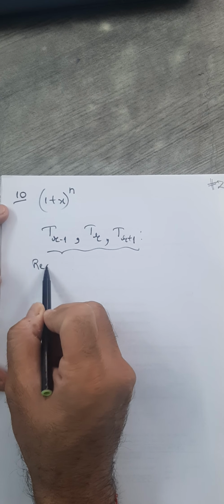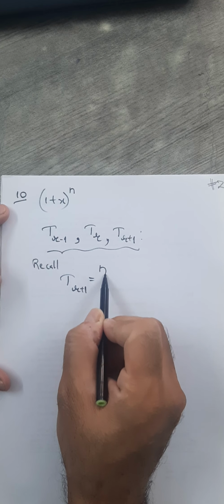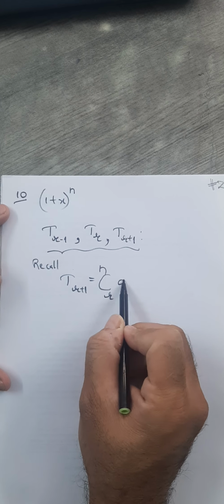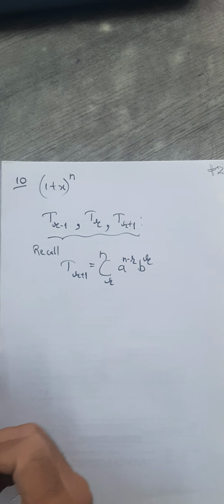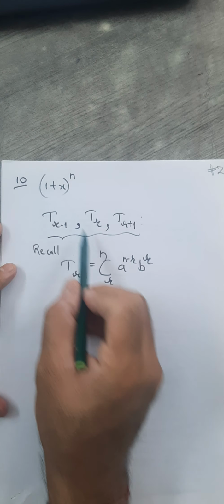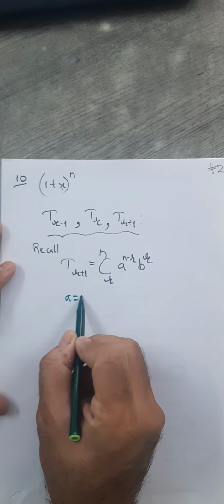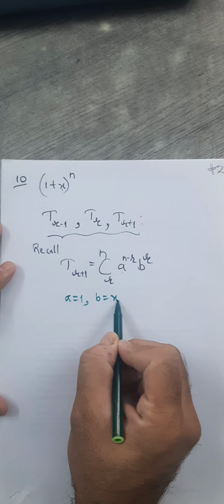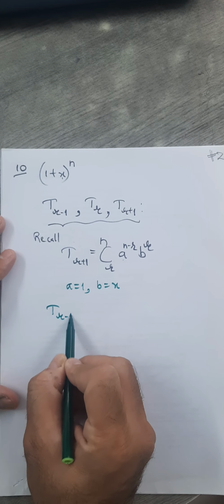Now you just recall what is the formula for T(r+1). It is nCr into a^(n-r) into b^r. That you know. What is a here? 1. What is b here? x. Right? Here a is 1 and b is x. So I'll write now the T(r-1) term.